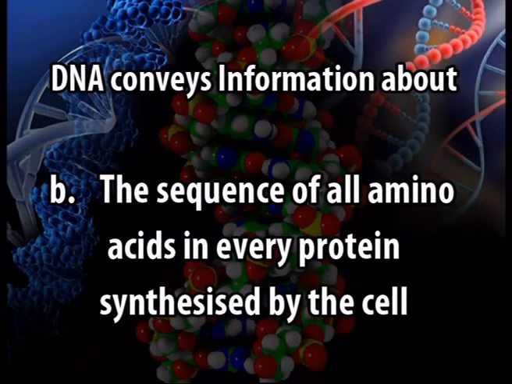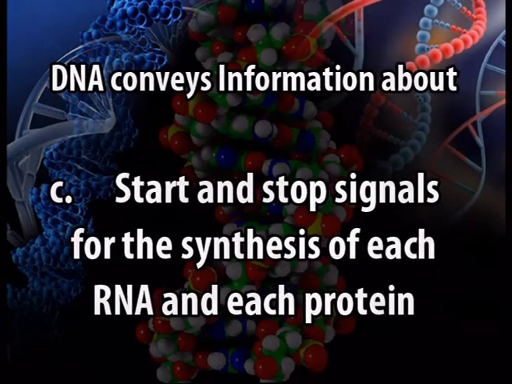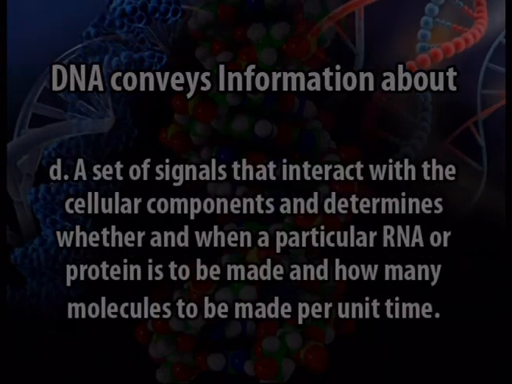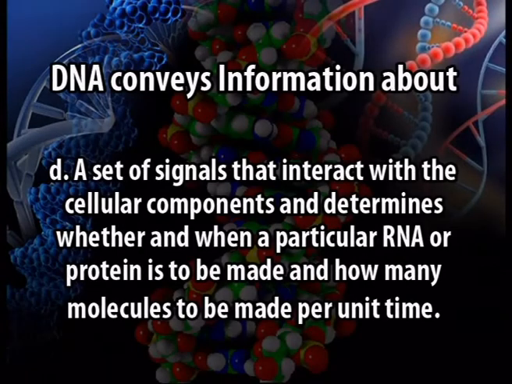It conveys information about the sequence of all amino acids in every protein synthesized by the cell. Then, the start and stop signals of the synthesis of each RNA and each protein are contained in it. Then, a set of signals that interact with cellular components and determine whether and when a particular RNA or protein is to be made, and how many molecules are to be made per unit time.